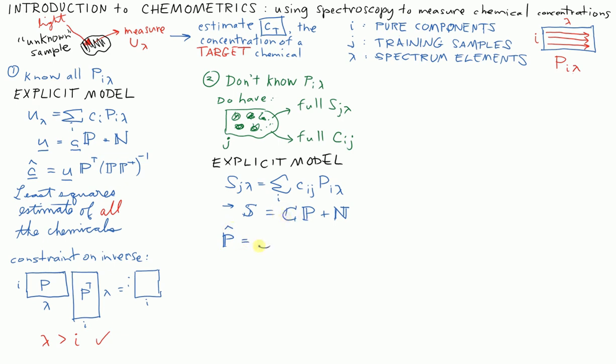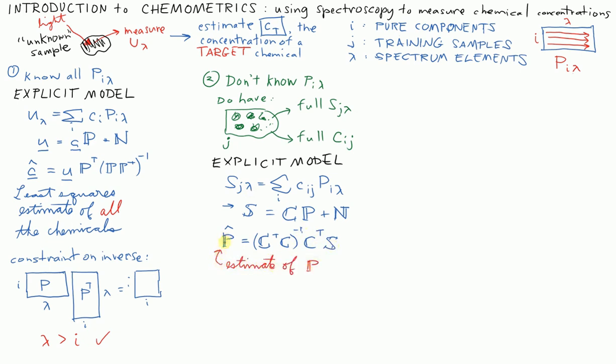So that ends up looking like this. C transpose C, inverse matrix, C transpose, times S is the estimate of the pure component matrix. So we'll label that the estimate of P.